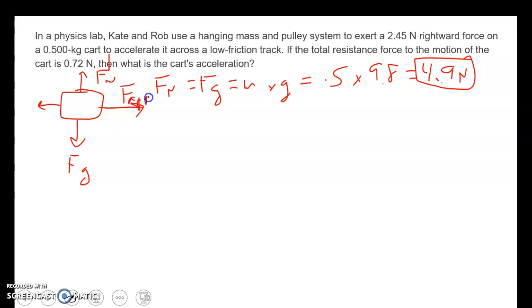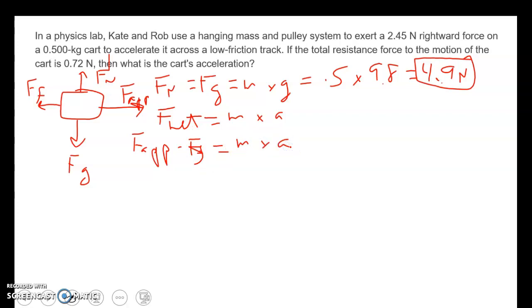Alright, so on our applied force and our frictional force, we know that force net is equal to mass times acceleration. Our force net is going to be our applied force minus our frictional force equals m times a. Our applied force is 2.45 newtons.